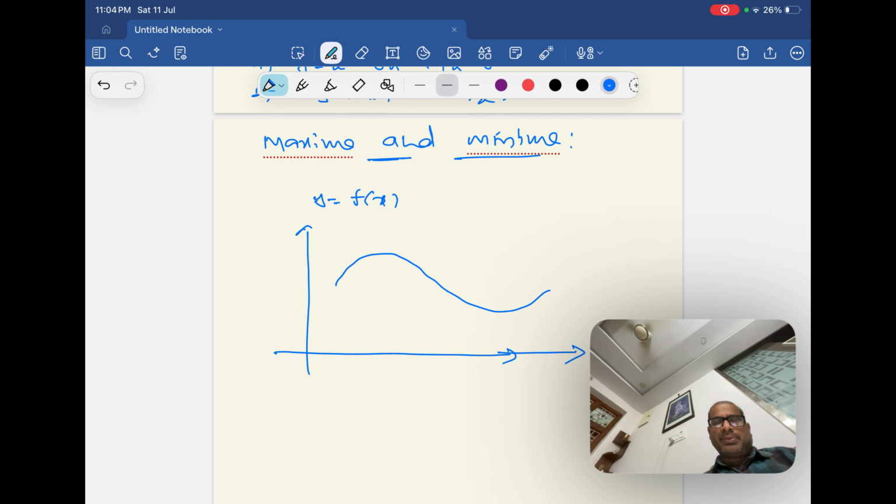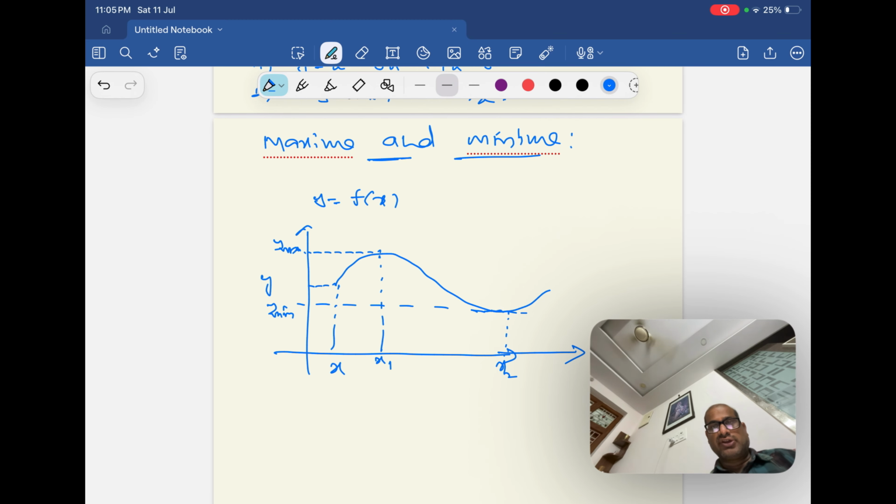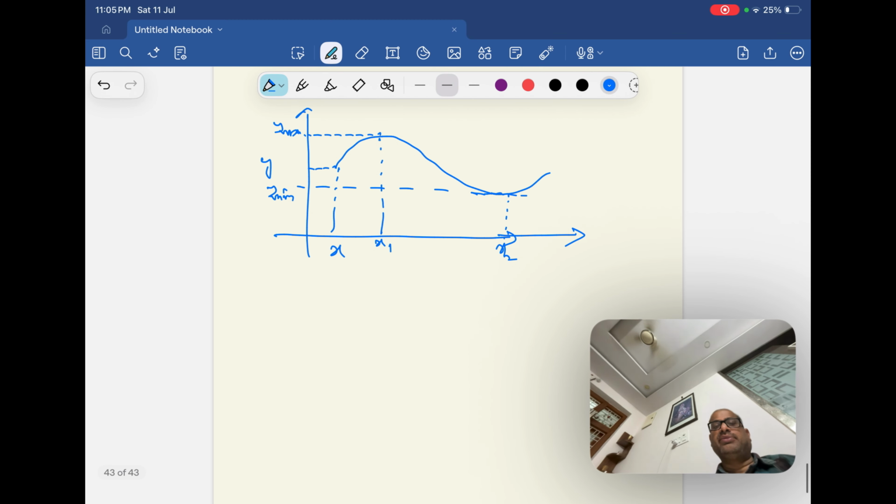The value of y varies and becomes maximum at a particular value, say x1, and minimum at a particular value, say x2.